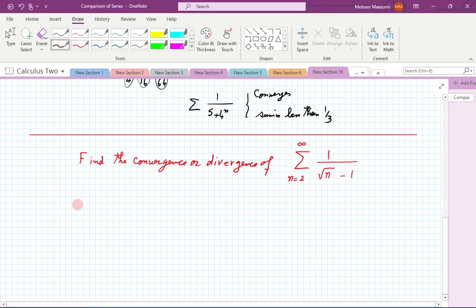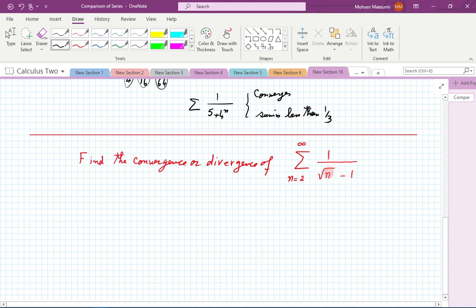So here the question again is, I want to establish the convergence or divergence of this thing. First of all, I have to come up with an idea which way do I think it is actually going to go. Is it going to converge or diverge? So I do a leading term analysis. I say, okay, when n gets to be large, minus 1 is not a significant term here.